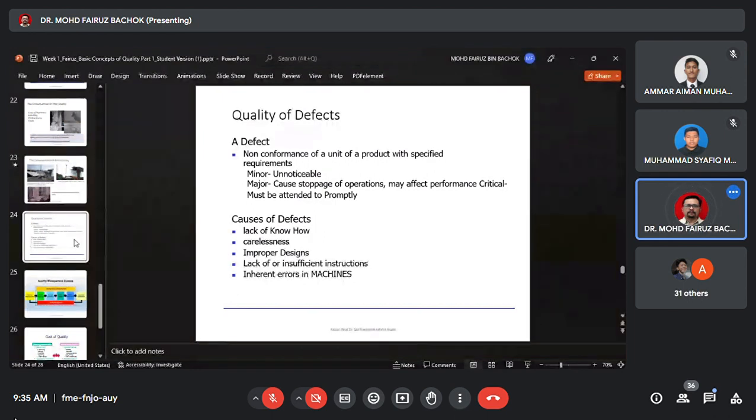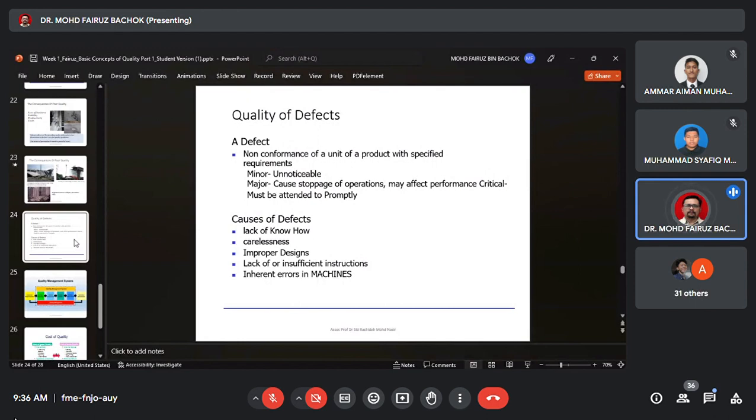That's why we have a professional in there. The reviewers will check whether we have the right design, because an improper design is a cause of defects. If the design is proper, it can avoid this.